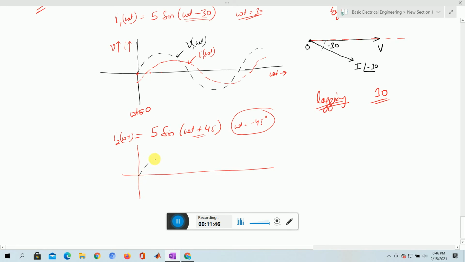Let us say this represents a sine wave, which is nothing but V1 of omega t, and you have a current equation with omega t plus 45 degrees, so it starts at minus 45 degrees. For better clarity you would draw the negative waveform also of V1 of omega t, so that you can see where minus 45 degrees is.